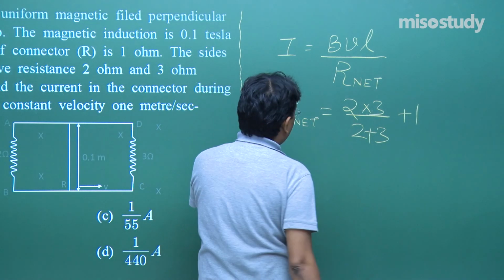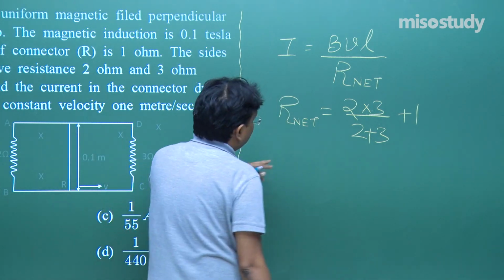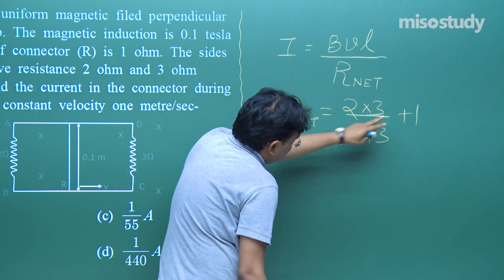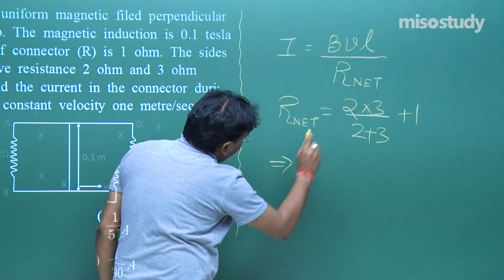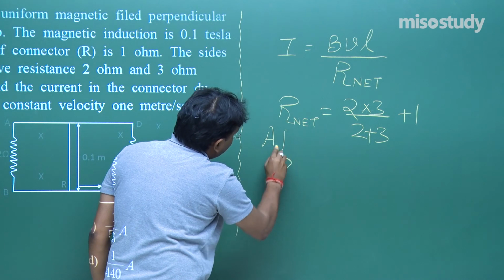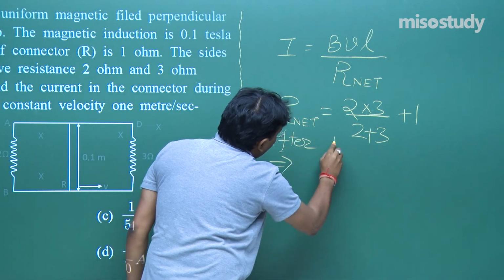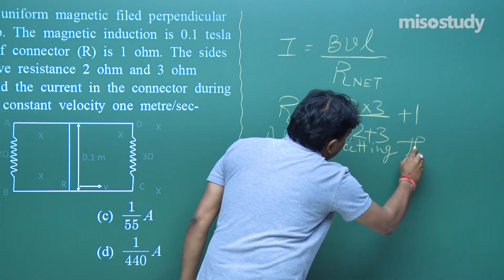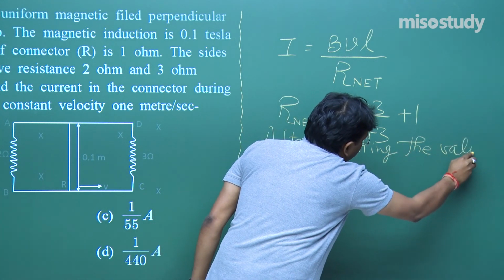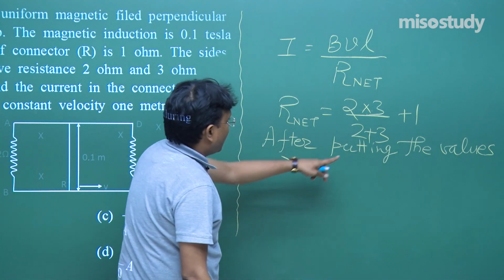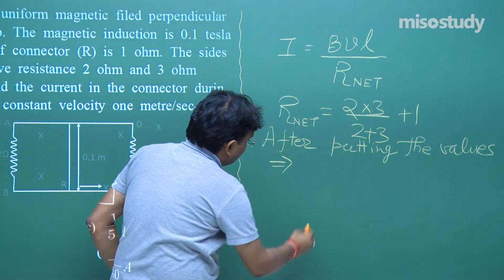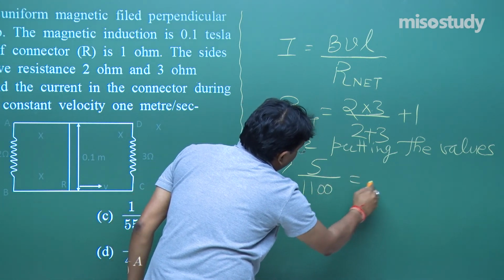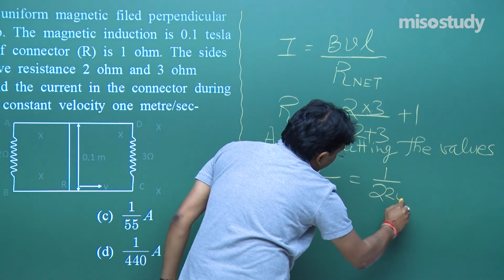As the values are given, this is parallel and then this is in series. So it will give you 6 upon 5 plus 1. After putting the values, all these numbers, you will get 5 upon 100, that will give you 1 upon 220 ampere.